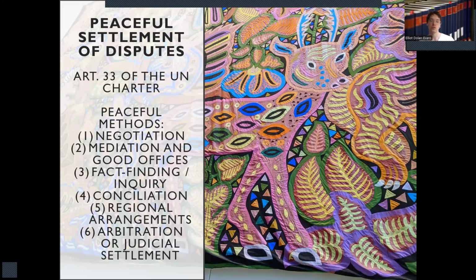Okay, so the right of a state to determine whether it will submit an international dispute to arbitration or judicial determination has hampered the potential role of the UN, as well as its other institutions like the International Court of Justice and other international tribunals in settling disputes and also developing jurisprudence.